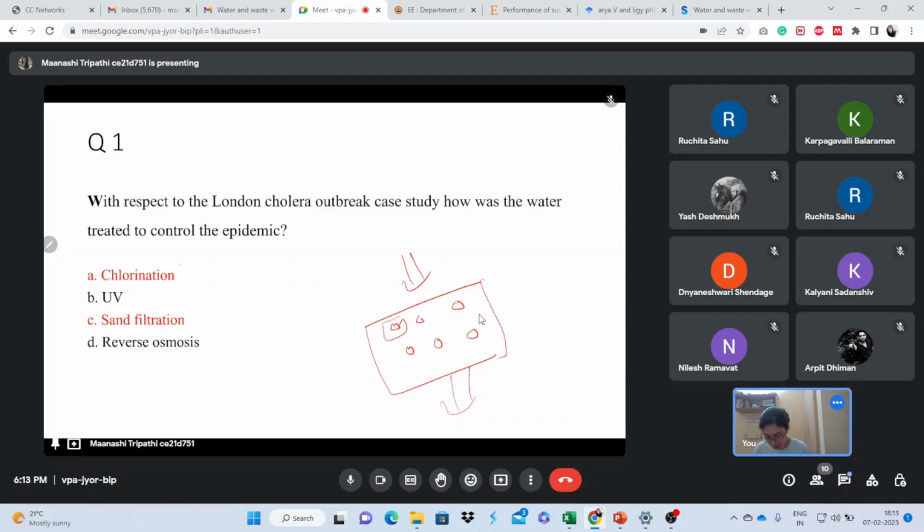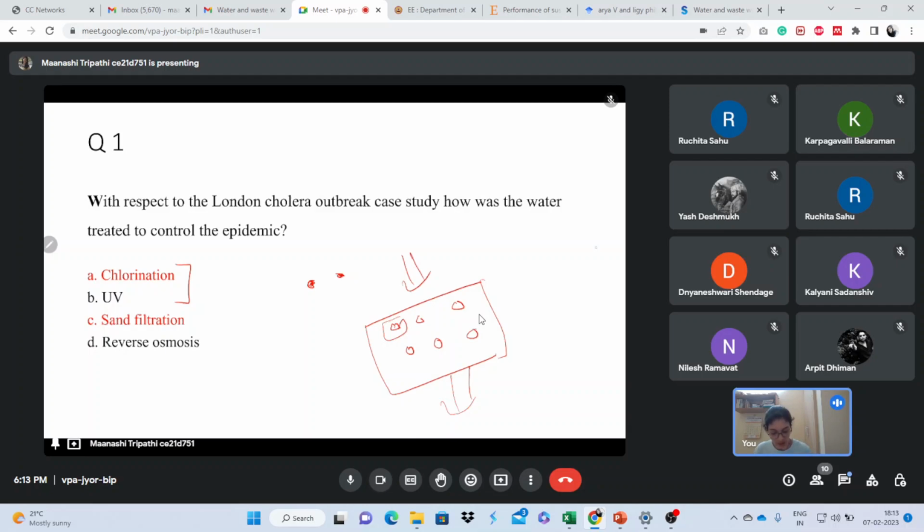But in chlorination and UV, we will develop an understanding later. There is a process called disinfection. Disinfection means killing of the pathogens, the pathogenic organisms. There will be small microorganisms, and by using these processes, chlorination or UV, we will try to kill them.